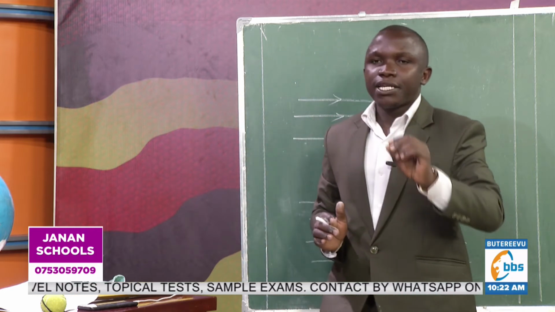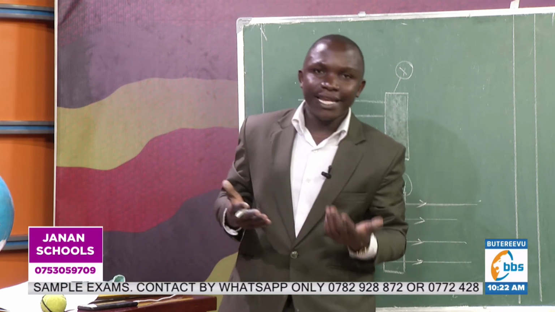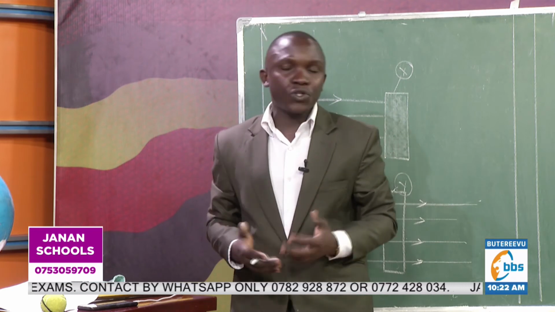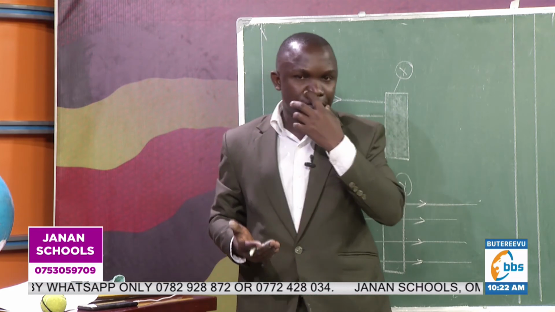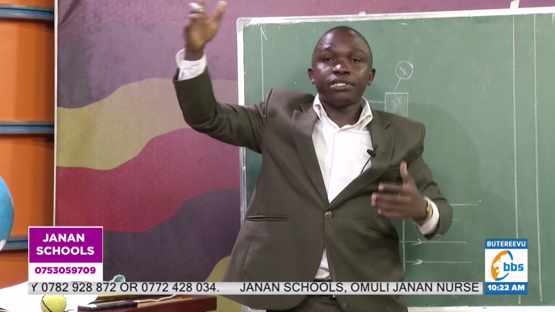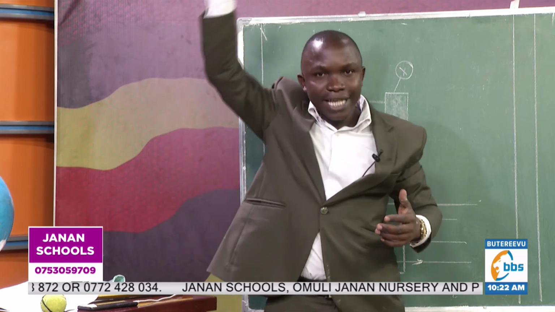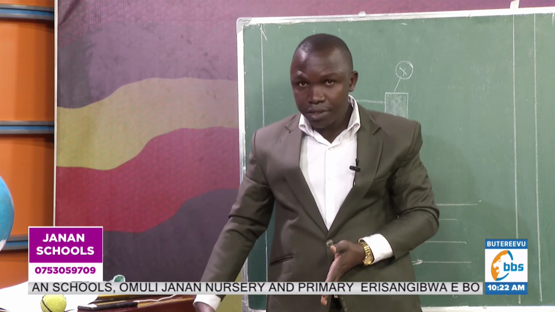I've told you that the size of the shadow is determined by the distance from the source of light. I think you've observed that. During the day or in the afternoon, when the sun is overhead, the shadow will be very short.